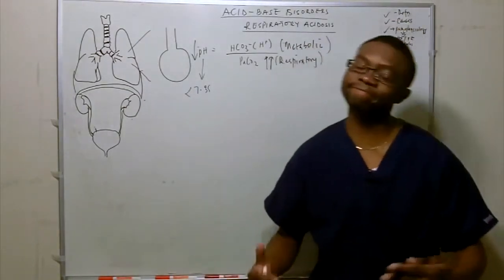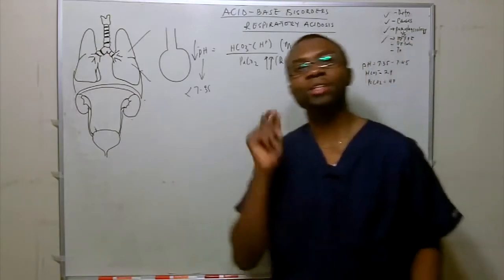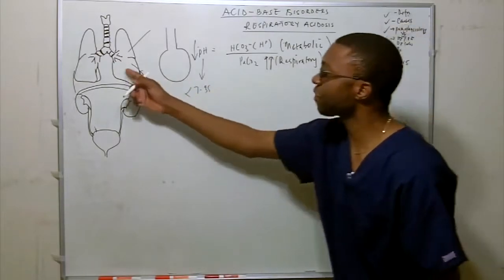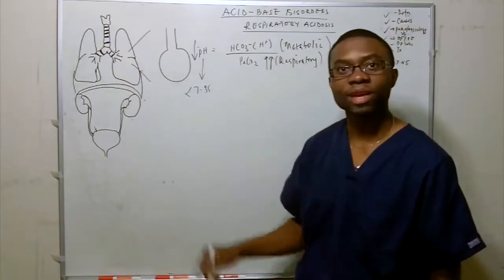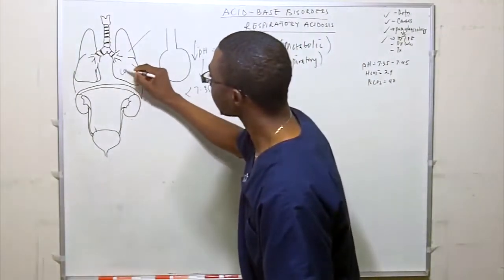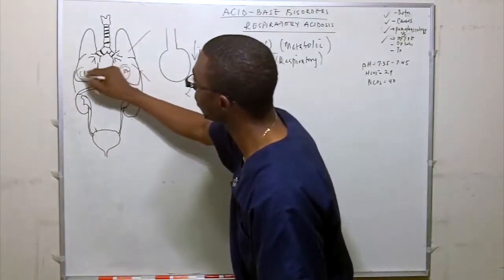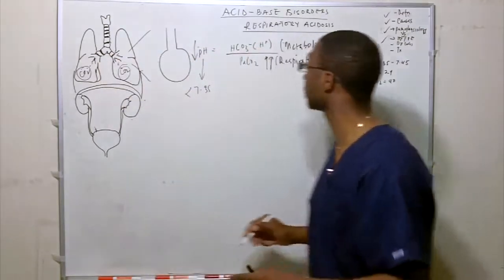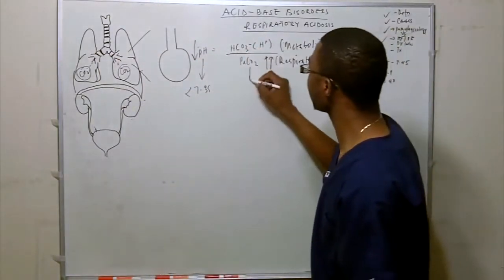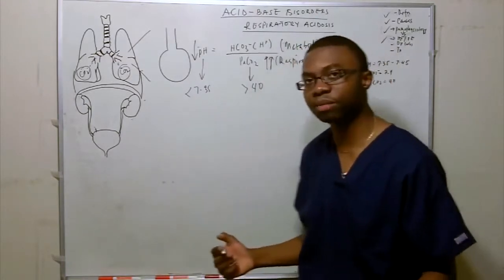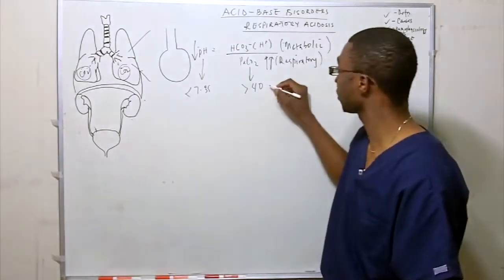If you don't, you're going to get in trouble, because you've got to find the primary problem. And the primary problem in this case is the fact that this cute looking lung is retaining the CO2 that's supposed to be blowing out. So lots of CO2 is building up and they are not getting out. We're going to talk about why in a minute. So what do you expect the PaCO2 to be? It should be greater than 40 millimeters of mercury.